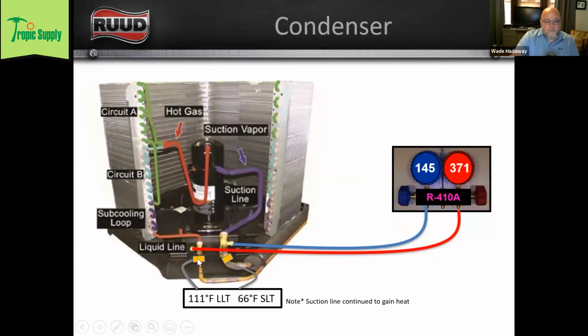So you're going to look at the liquid line pressure. You're going to convert that liquid line pressure to saturation temperature, and you're going to take your thermometer and you're going to strap it or clamp it here on your liquid line.